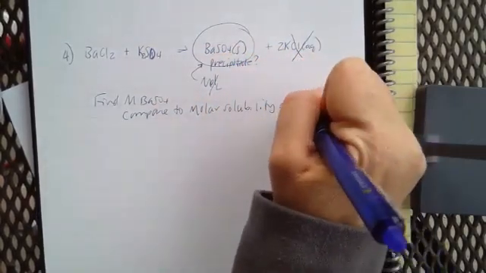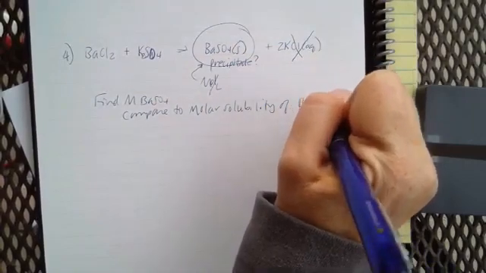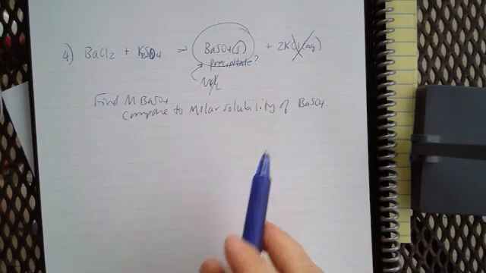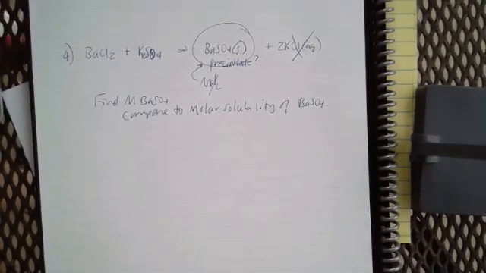So if the concentration is higher than the molar solubility, then a precipitate will form because we'll go higher than the amount that can dissolve. Does that make sense?